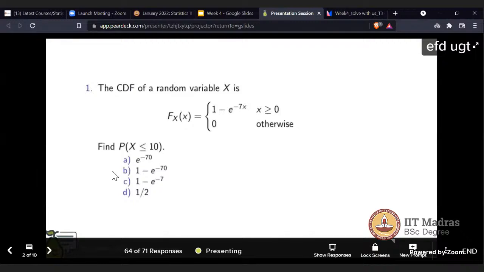If there are multiple answers, you can just type them. Let's say the answer was B and C, then you could have typed B comma C.